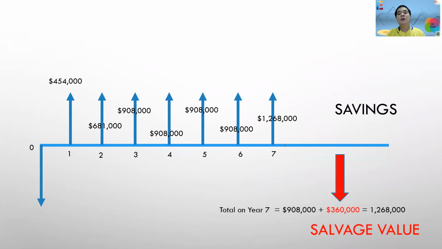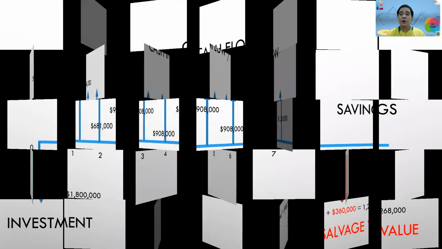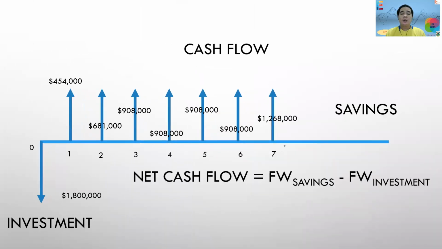Therefore, in your computation, you should be consistent whether you are looking into the future, the present, or the annuity worth. Why? Because if it confuses you what year you are looking into or what interest period or payment year you are considering, you should be consistent.